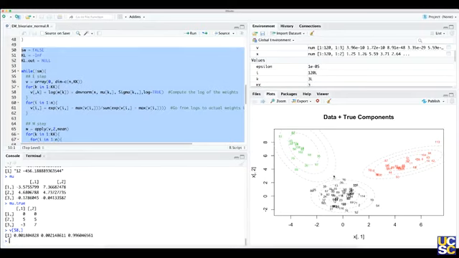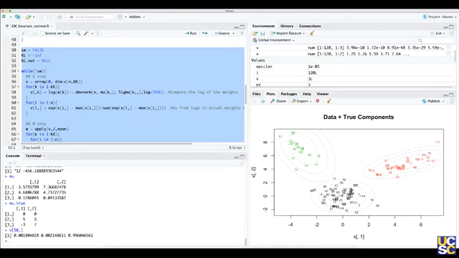Observation 58 was generated, we know, by this green component that has mean minus 3, 7. But if you look at what the model is saying, the model is saying that the heavier weight for that observation, the largest b, is on component 3. And if you look at what the value of mu is for component 3, that is 0, 0.